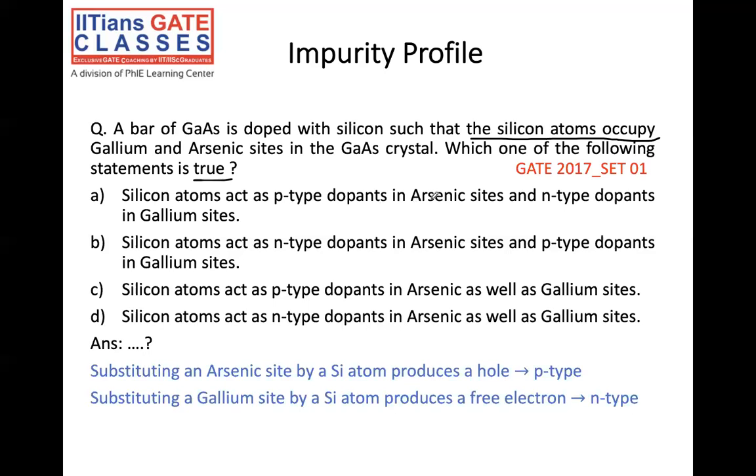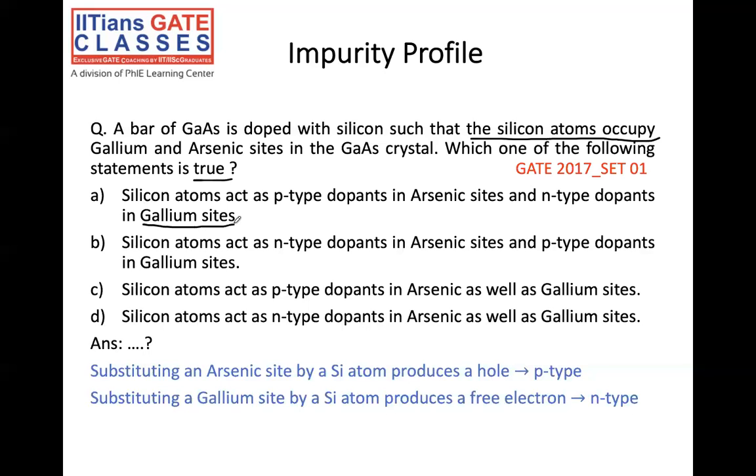If we find 1 electron deficiency here, it means it is p-type because one hole is created. And if a gallium site is replaced by a silicon atom, gallium has 3 valence electrons in its outermost orbit. If we replace it with silicon, which has 4 valence electrons, we have 1 extra electron in this. That is the free electron.